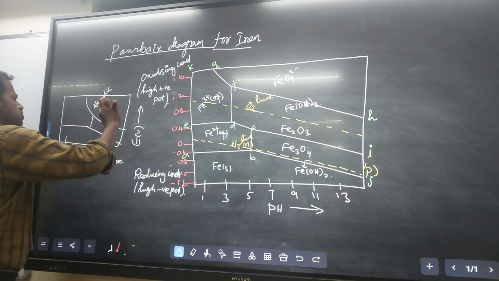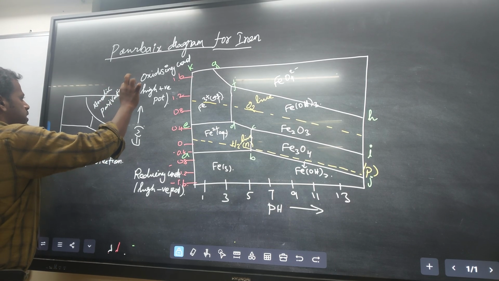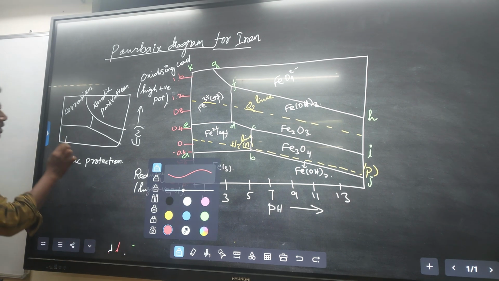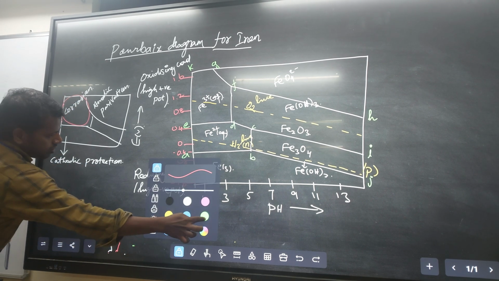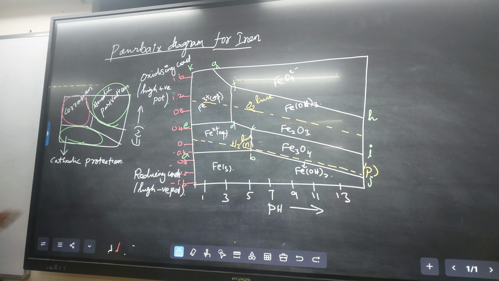Here this is a corrosion zone, which means corrosion is there, and here passivation, and here protection.